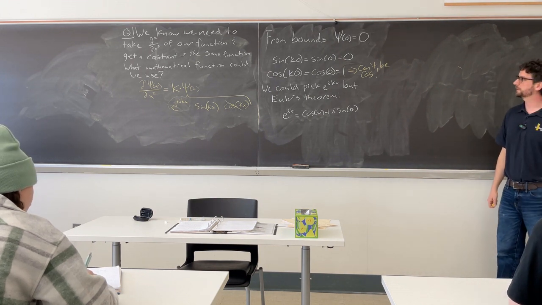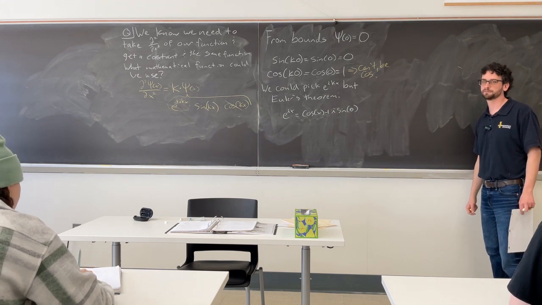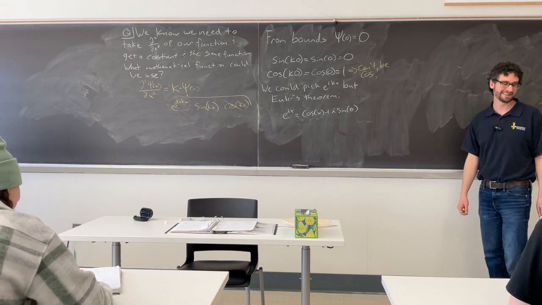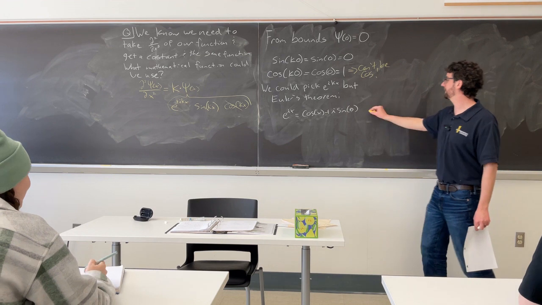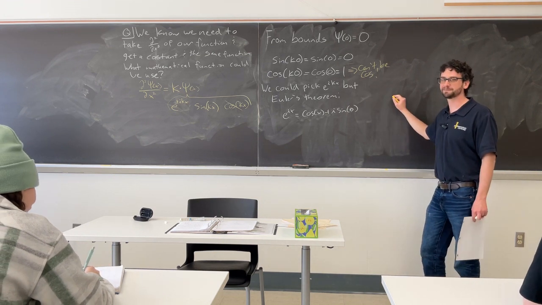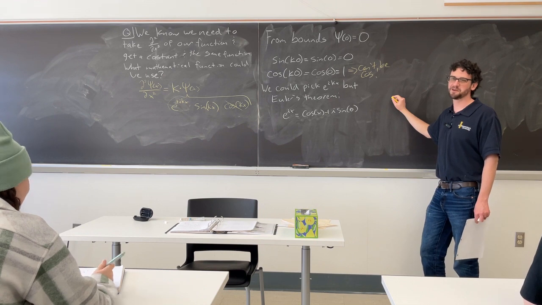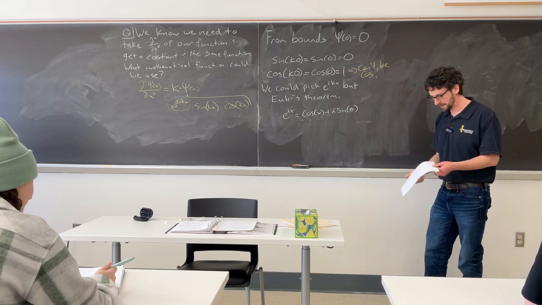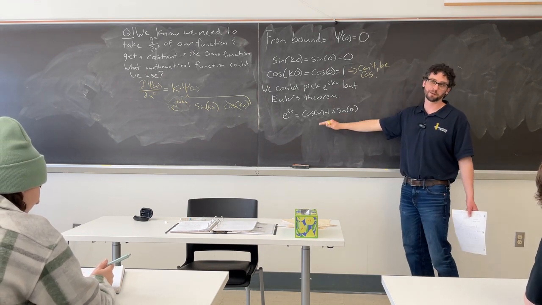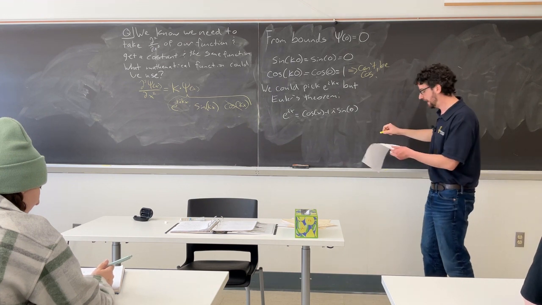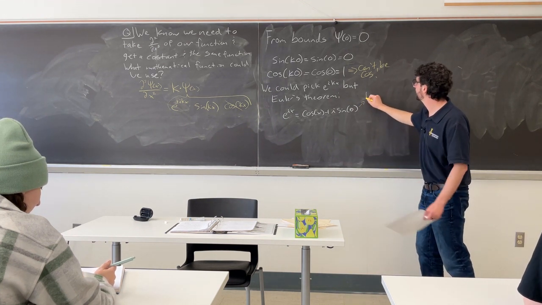Which one do you think would be easier to deal with? Yeah, I'd go with just sine. It's easier. You can derive the whole particle in a box through this way. I'm not going to make you do that.